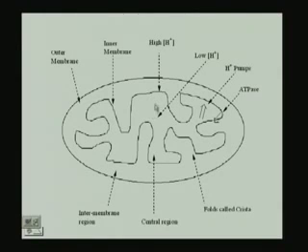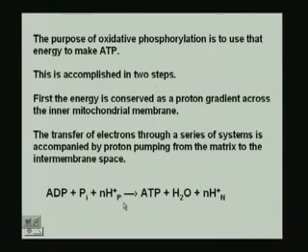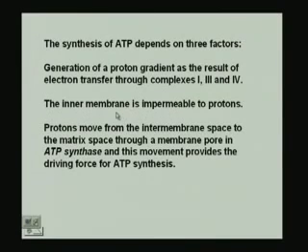The matrix is the N side and the intermembrane space is referred to as the P side. So P refers to the intermembrane space and N is the matrix space, where ATP is going to be produced.